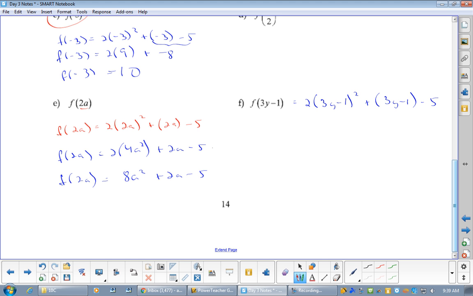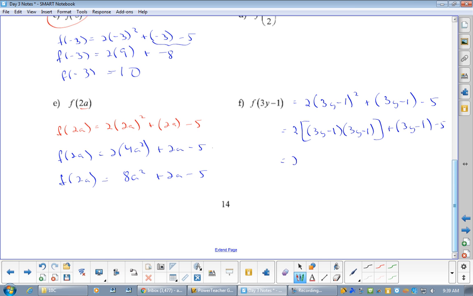Now this is the same thing as 2 times (3y minus 1) times (3y minus 1) plus 3y minus 1 minus 5. See, I didn't go 3y squared minus 1 squared because we know we can't do that. You need to FOIL.